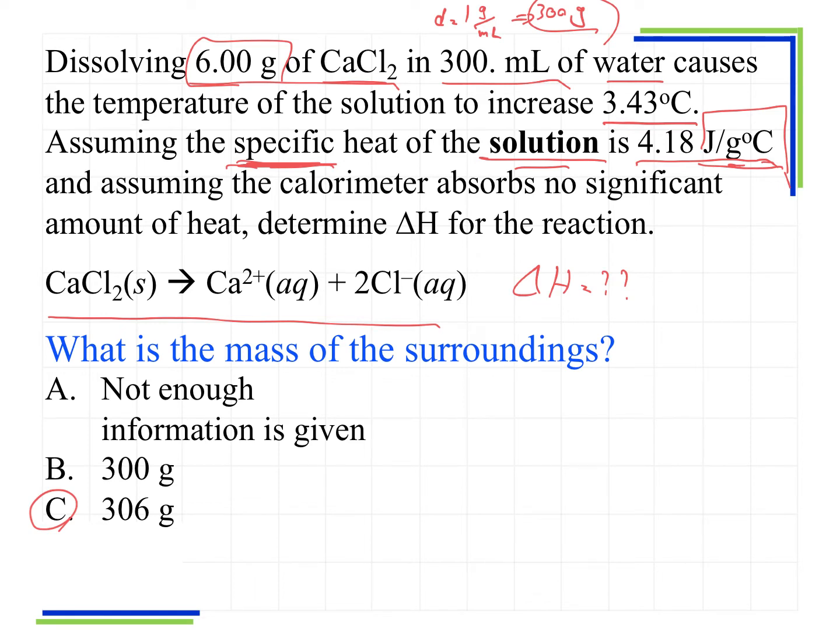Okay, so what do we have in the calorimeter? We know that the Q of the reaction equals the negative of Q of the surrounding. So let's look at this in a different way. So let me erase this.